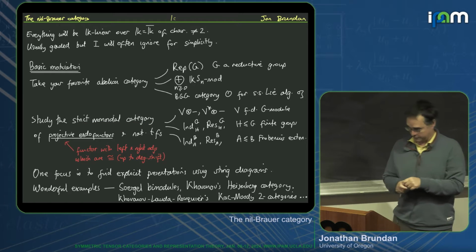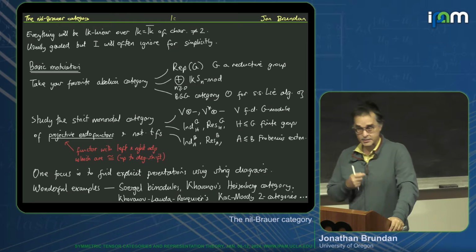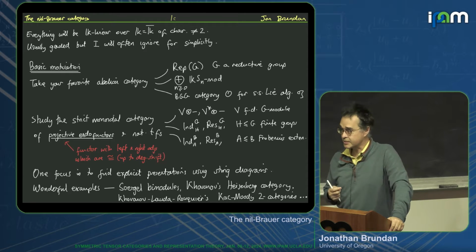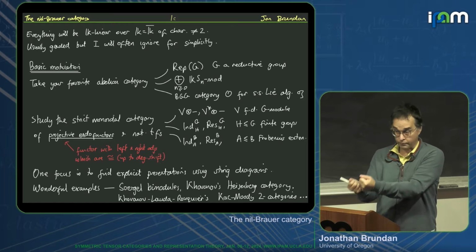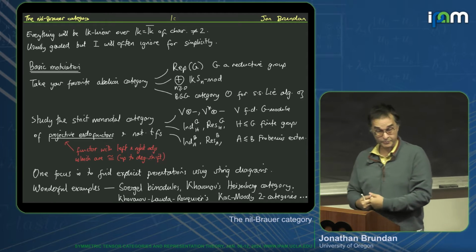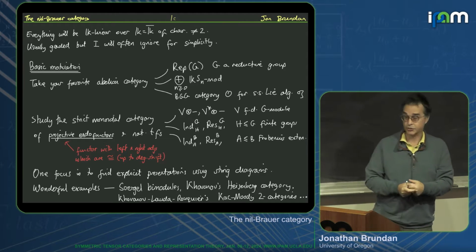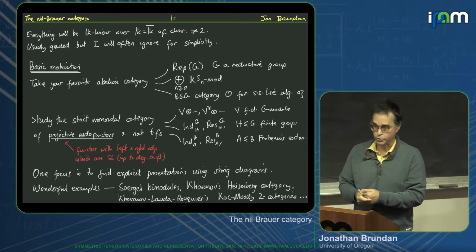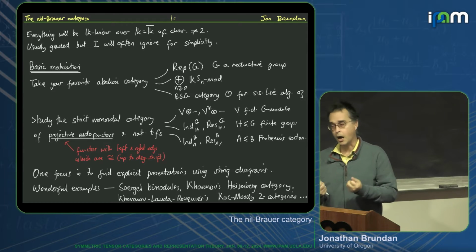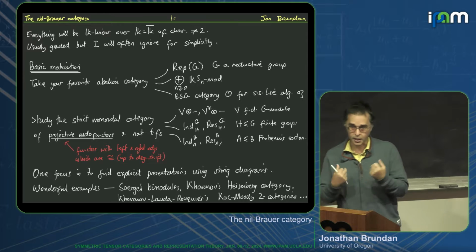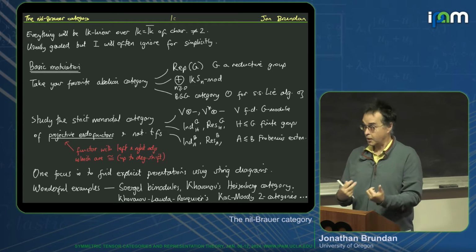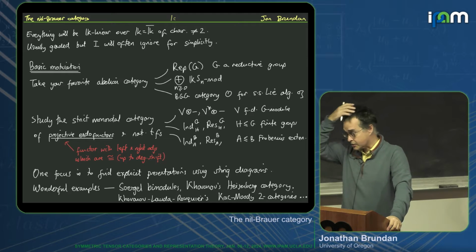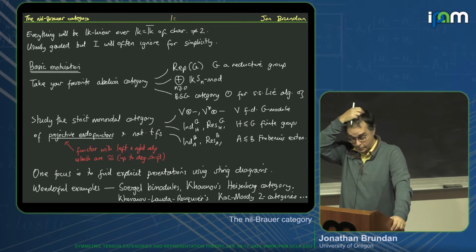There's been some really great success in the last 30 plus years in various wonderful examples of this philosophy where, in fact, we've managed to obtain presentations in terms of string diagrams for those strict monoidal categories, and it's really pushed the understanding of the general framework that's being used in all these different examples to work out combinatorics.